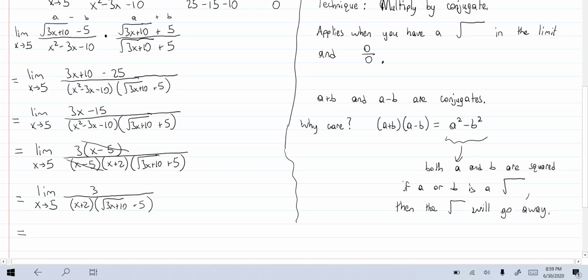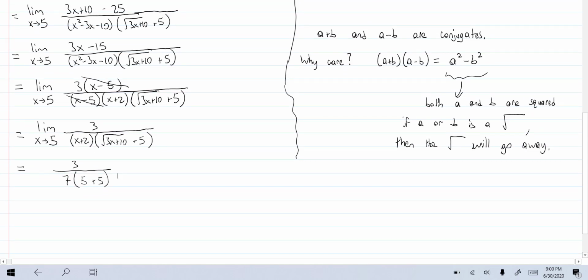And if we do that, we're going to get 3 over 7 times, this is going to be square root of 25, which is 5. And we've got plus another 5. So it looks like we're going to get an answer of 3 over 70 altogether. All right.